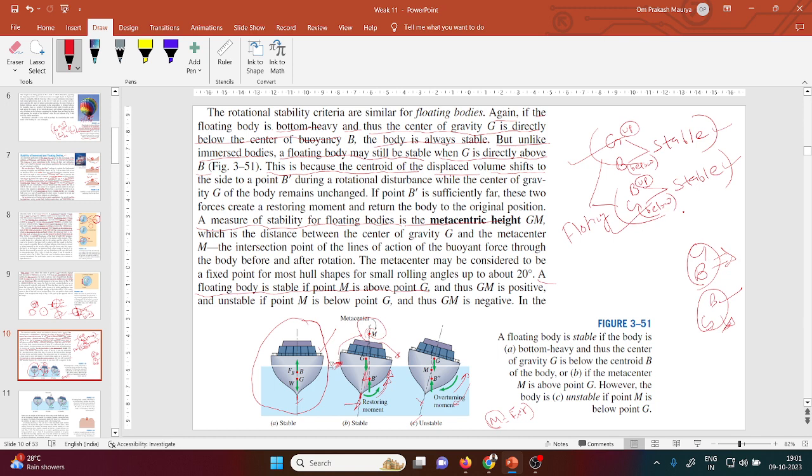So the metacenter should always be above G basically. If your metacenter is always above, then you are in a safe condition, right? If it is below, then you are not in a safe condition. So this is the whole idea.